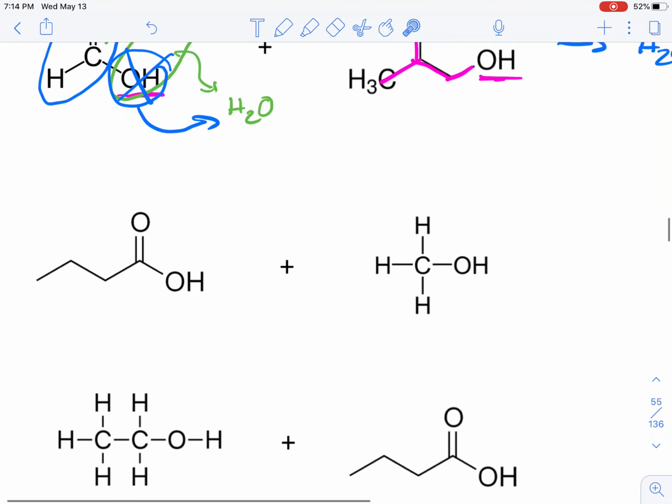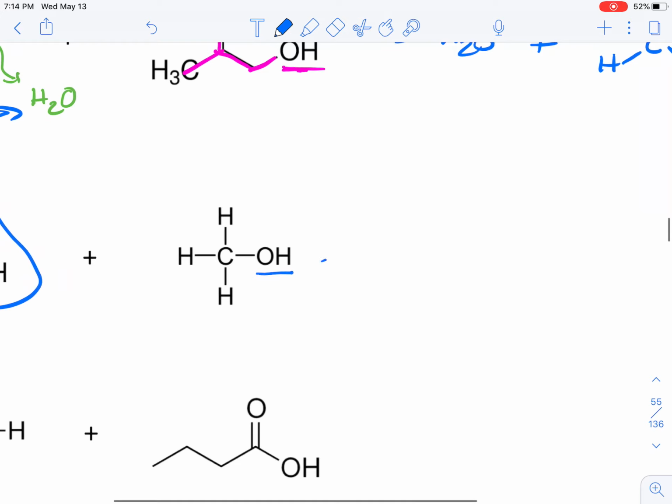So let's go ahead and take a look at the next example. I have my OH and I have my carboxylic acid. And so once you recognize that you have those two functional groups that you're trying to combine, this is automatically going to be an esterification, where in the presence of a strong acid and heat, well, I'll just write heat here.